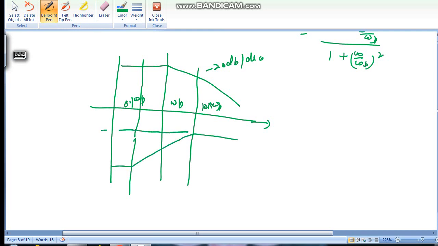Each pole and zero gives a phase change of 90 degrees. It can be positive or negative depending upon whether it is a left hand or right hand plane pole or zero. So this is magnitude, this is phase, and this is omega.